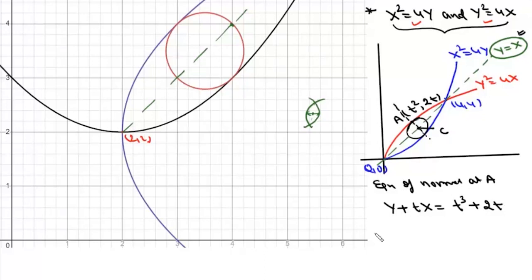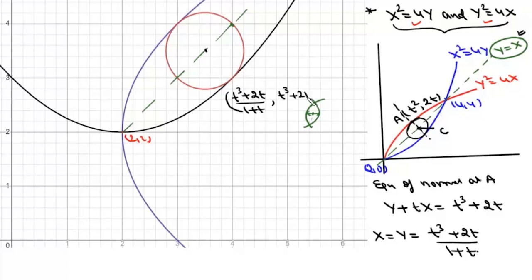So if we put x equals y, we'll get x equals y equals (t cube plus 2t) upon (1 plus t), that is, the center of the circle will be ((t cube plus 2t) upon (1 plus t), (t cube plus 2t) upon (1 plus t)).